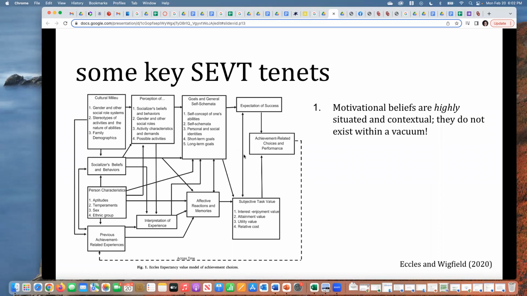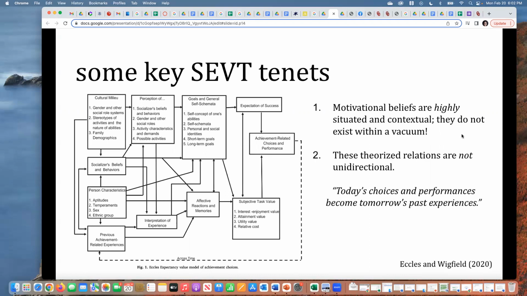So they're highly situated and contextual. This is something that we've talked quite a bit about and is reflected in a lot, if not all, of the theoretical models that we'll be talking about this semester, at least when it comes to motivation.